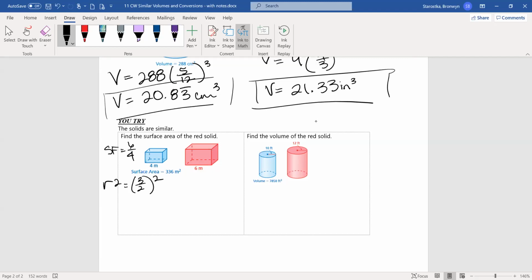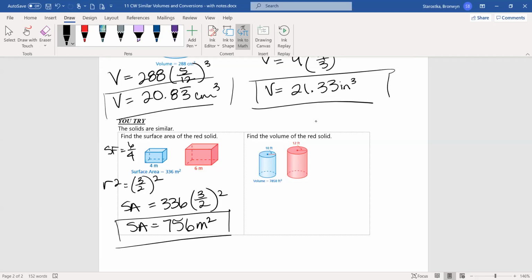We're going to take our surface area of 336 and multiply it by the area scale factor. And our new surface area of the red one is going to be 756 meters squared.